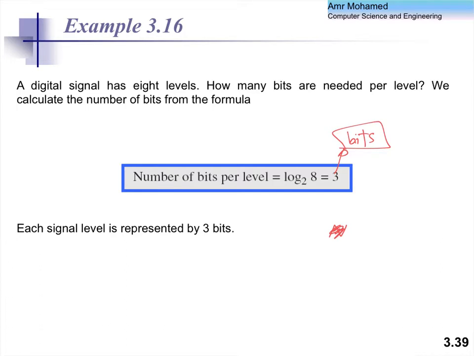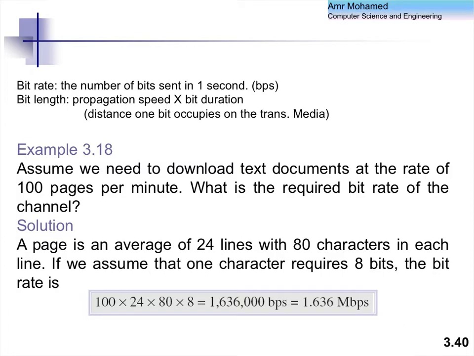If we have the duration of one voltage level as 6, like the example in the previous slide, then we have 3 times 6 different bits per second, because in each duration of time, we have 3 bits represented. So in that case, we have 18 bits per second, if we were to use 8 voltage levels in each bit duration.